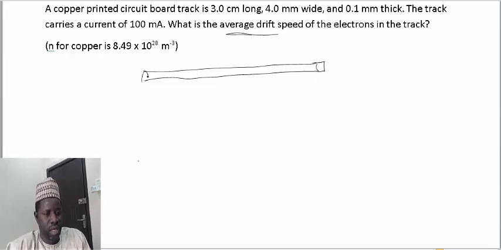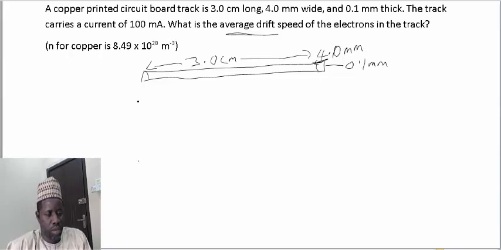The length of the track is given as 3 centimeters, and the thickness here is 0.1 millimeter, and the width of the track is 4.0 millimeter.